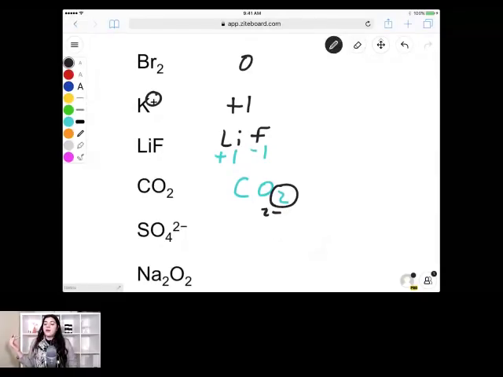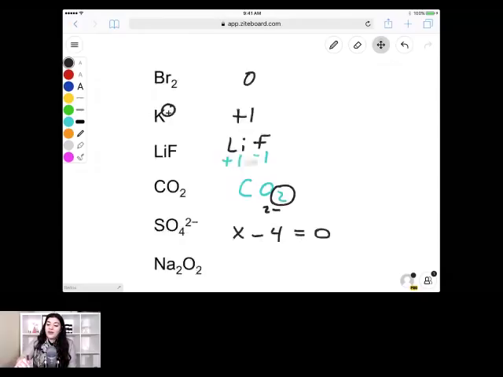So let's say I do that -4 charge again, but a little differently. I'm going to say -4, and I know that this has to add up to 0 because it's a neutral compound, since there's no charge on CO2. Next, I don't know what carbon is, but I'm going to say that's X. Yep, welcome to algebra again, right? That's chemistry for you.